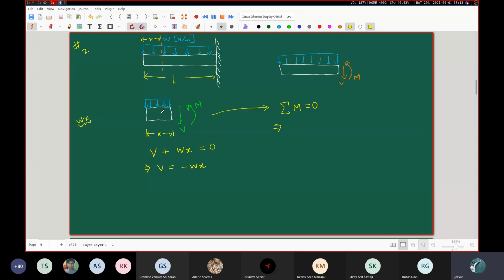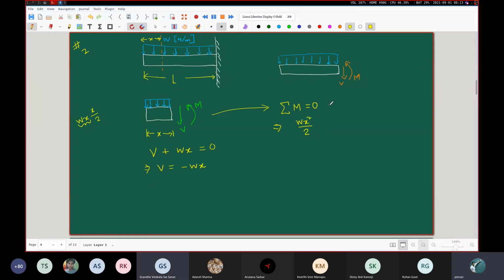Equivalently, it is a distance of x by 2 from the right end. So if you're thinking in terms of equivalent forces, it will be acting at the mid part. So it is something like x by 2. And this is perfectly correct. So we can actually write this as W into x square by 2. Whether it is positive or negative, tell me.